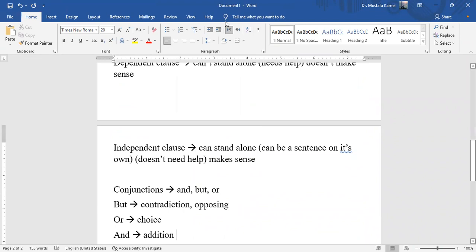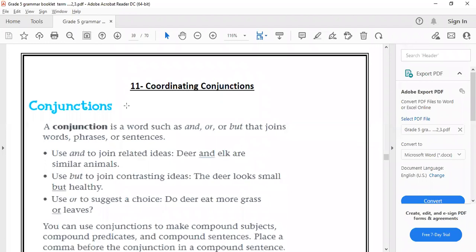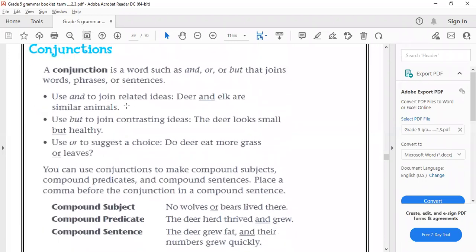Let's go to the booklet here. Who can read? Omar, tell me, what's a compound subject?